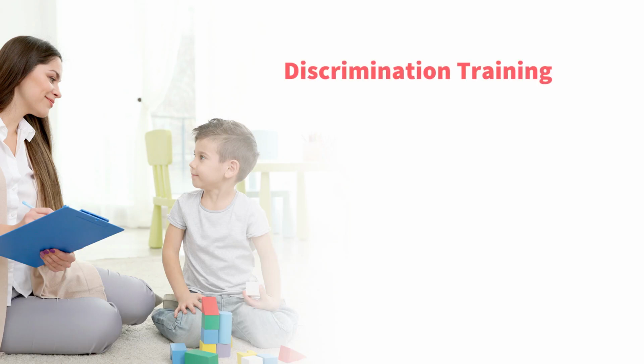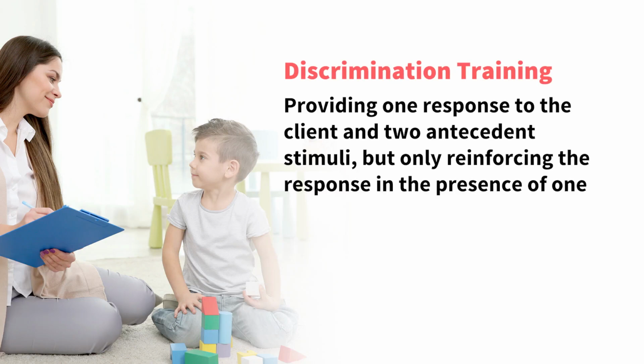Discrimination training is providing one response to the client and two antecedent stimuli, but only reinforcing the response in the presence of one. To put it simply, clients are being taught to make choices by rewarding a behavior at the appropriate time and withholding reinforcement for the same behavior when it is not appropriate.